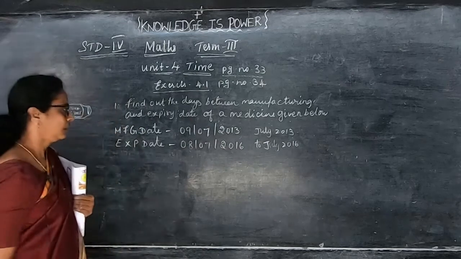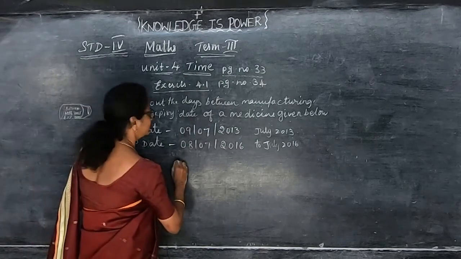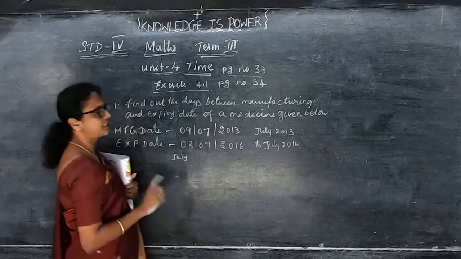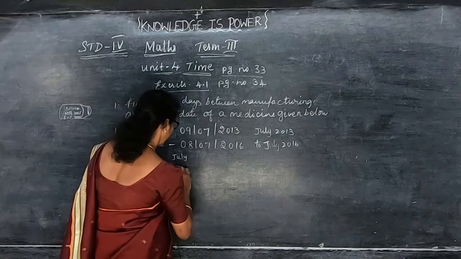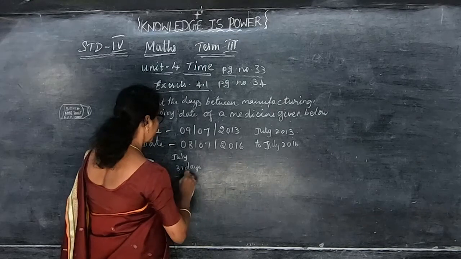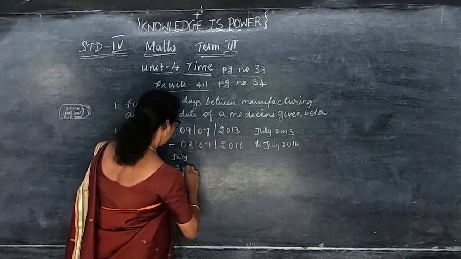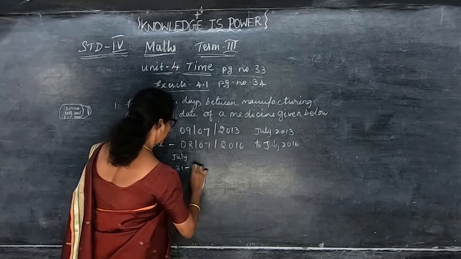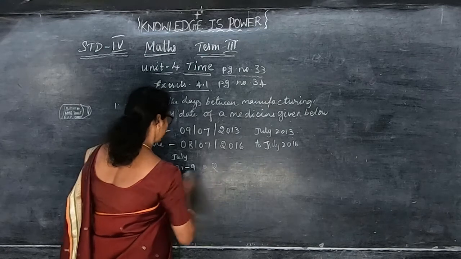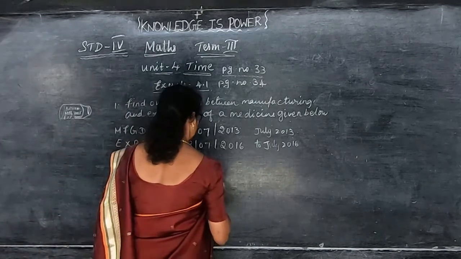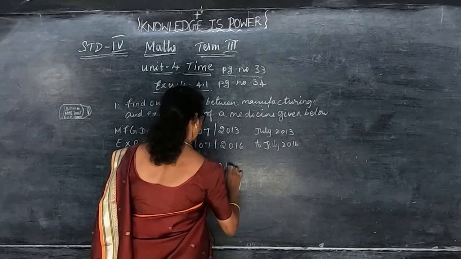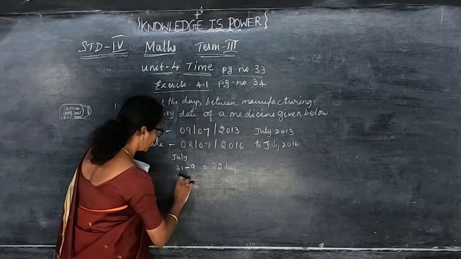July has 31 days. So 31 minus 9, that is equal to 22 days.